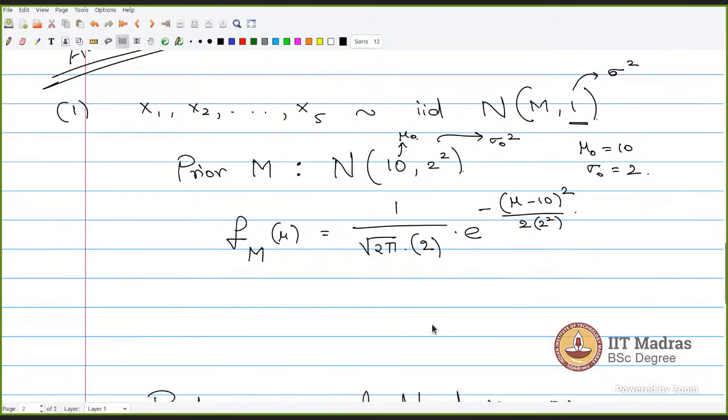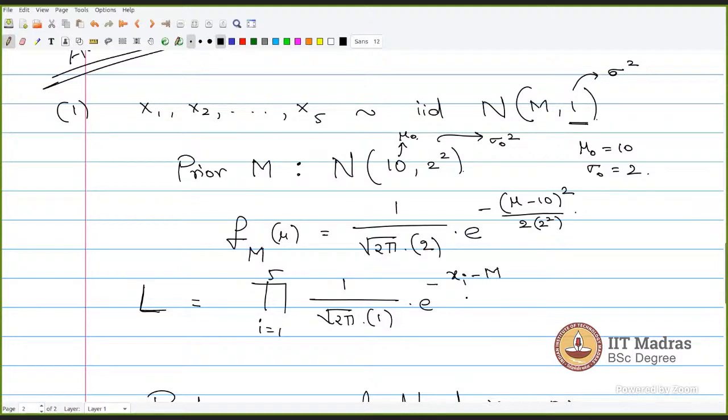So the likelihood L is the product for i equals 1 to 5 of the probabilities, which is 1 by root 2 pi sigma naught. Sigma square is 1 anyway, so it will be e to the power minus (xi minus m) square.